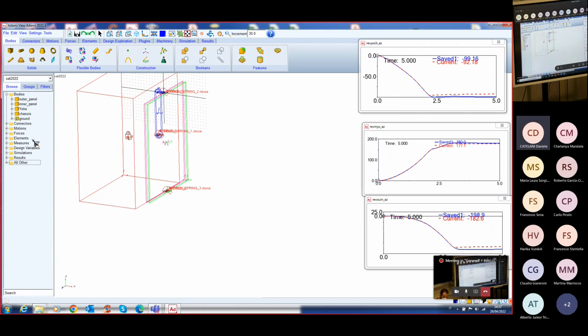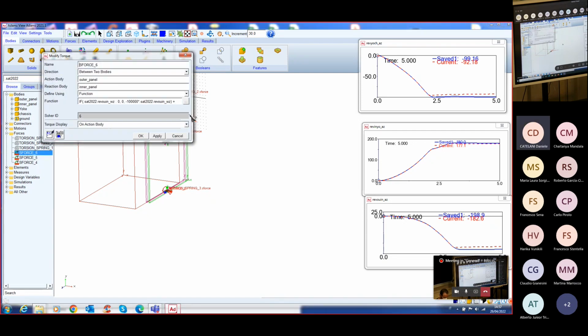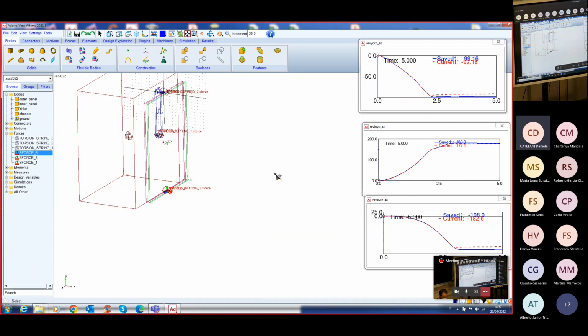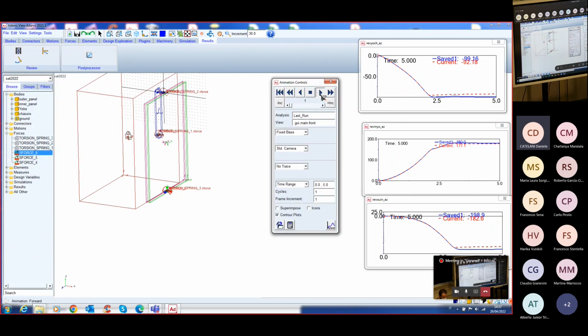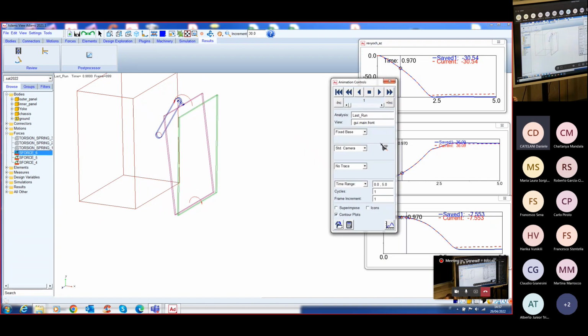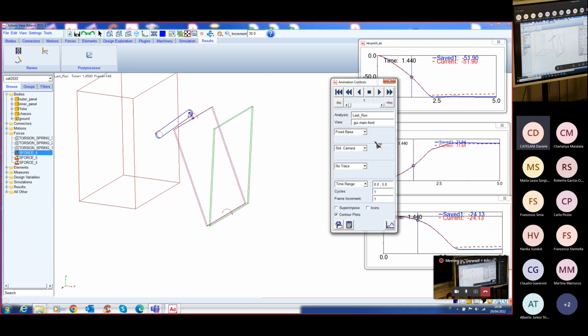We performed kinematic and dynamic analysis, and in the dynamic analysis we used torsion spring, brake system plus latching system included in this function. I can revisualize the animation of this system in order to review the final result.